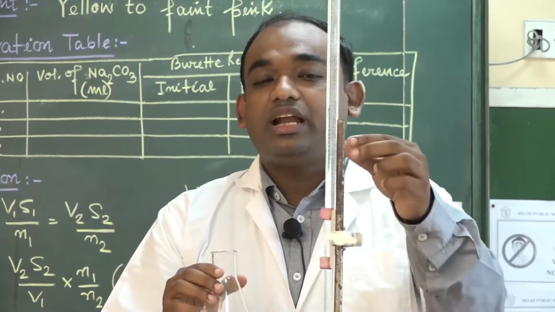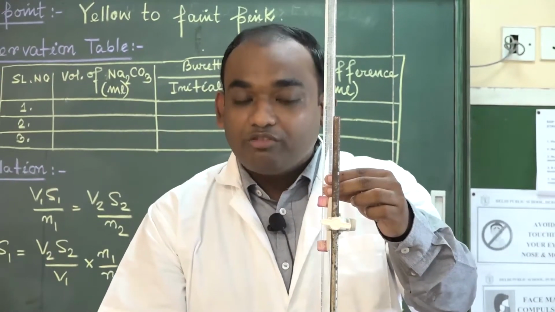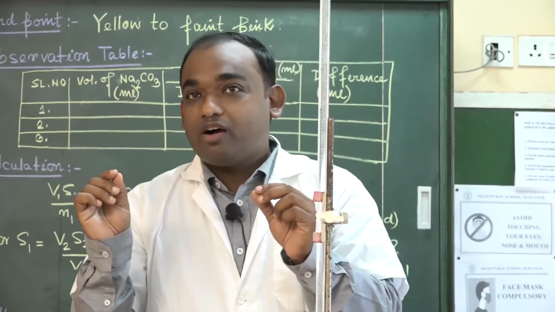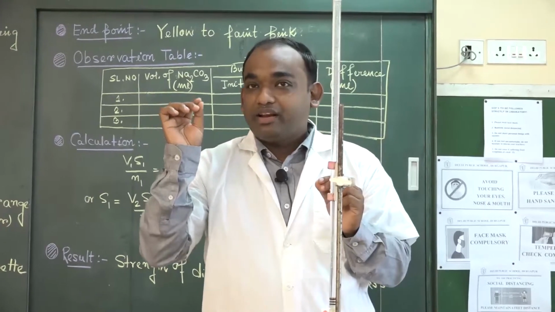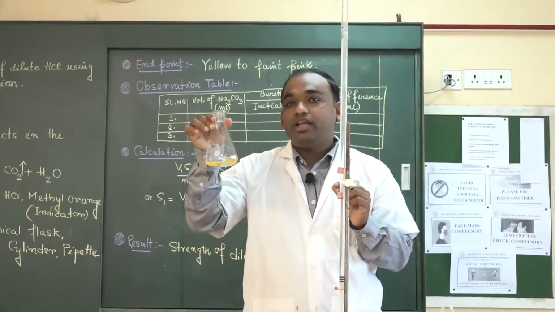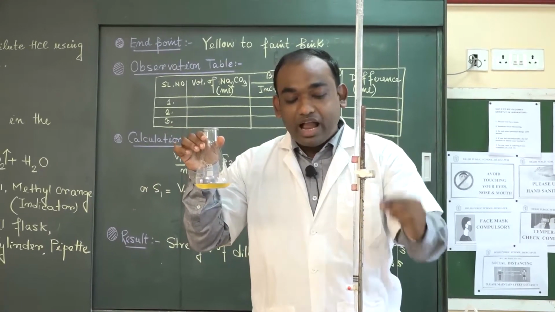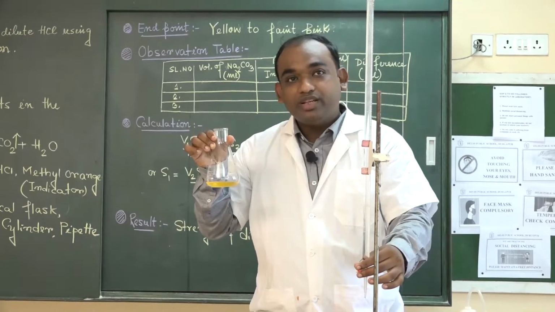Again, students, during titration there are certain techniques. First, what is the technique? We have to use both of our hands during titration. My right hand will be holding this conical flask, and my left hand will be at the knob of this burette.